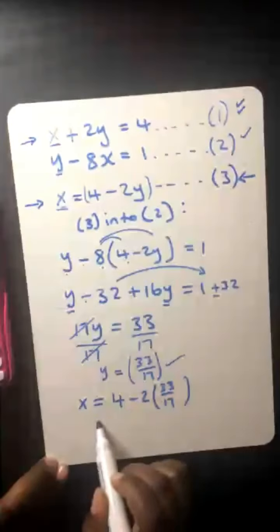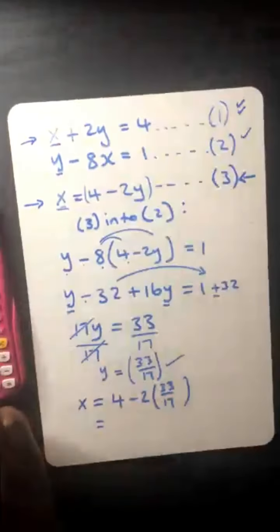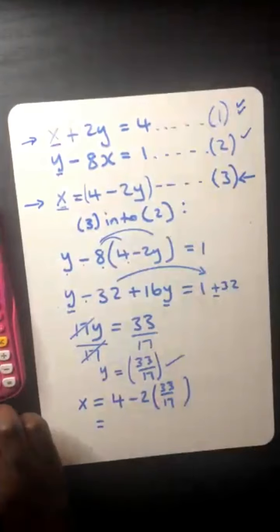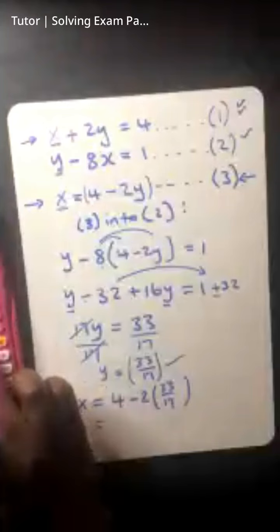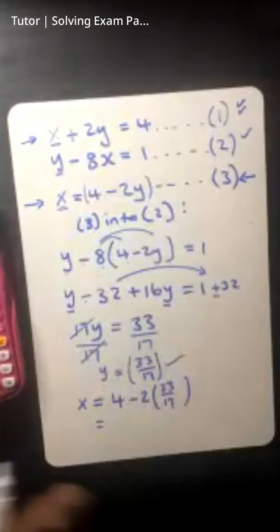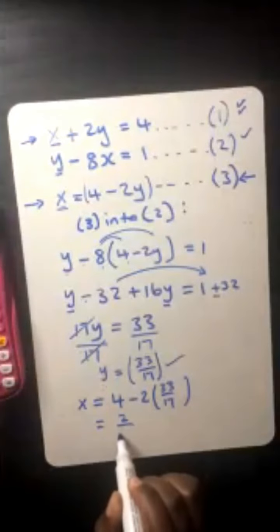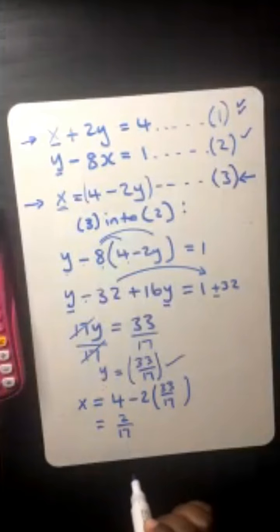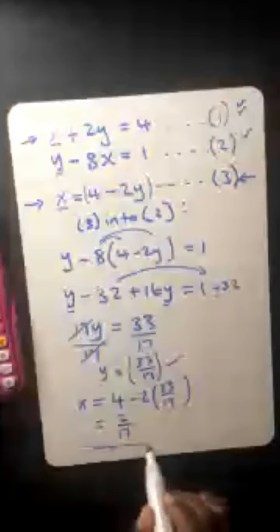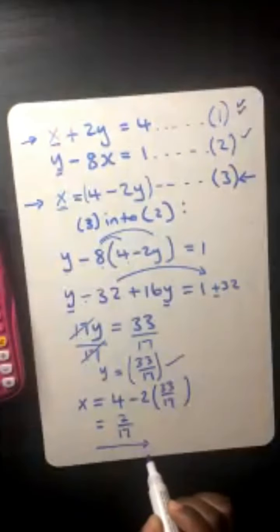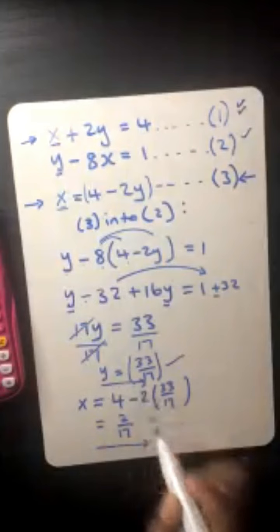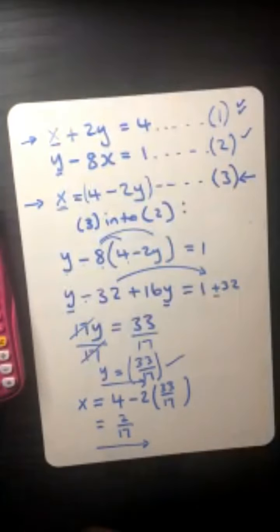Then you can punch all of that on a calculator. It's 4 minus 2 into 33 divided by 17, and the whole of that is equals to 2 over 17. So this is how you solve for your x value and again for your y value. Any questions, guys?